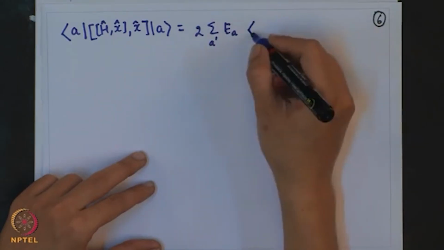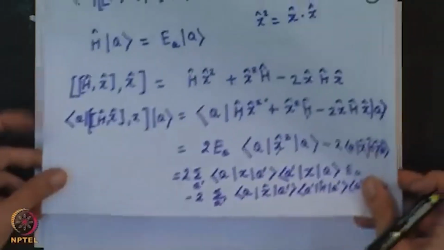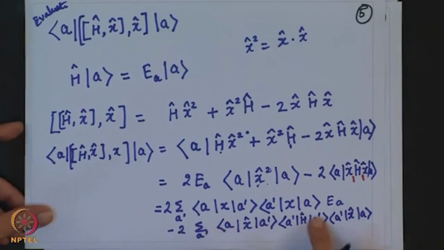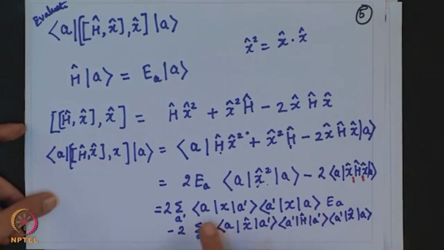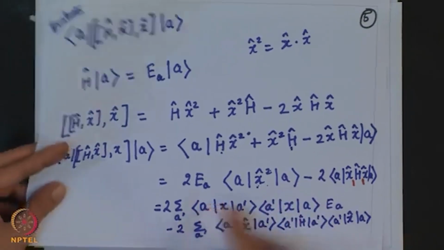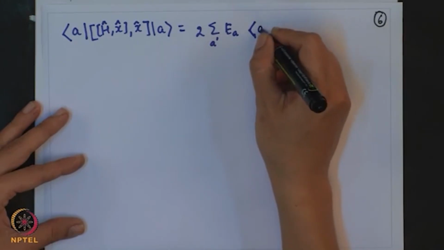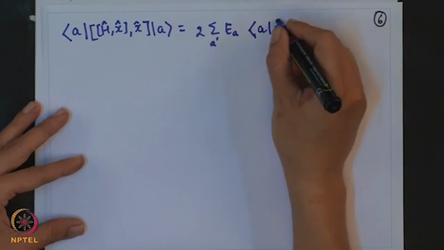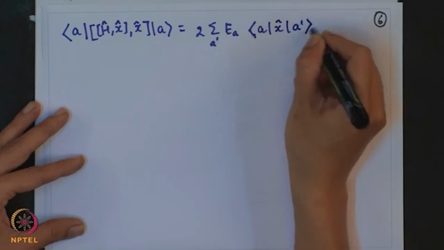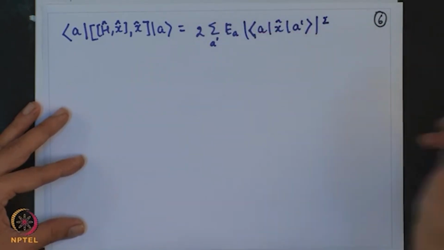I can write this expression as a square. You can write this entire term as a square. It is like calculating the norm. |<A|x|A'>| squared. This was the first term.